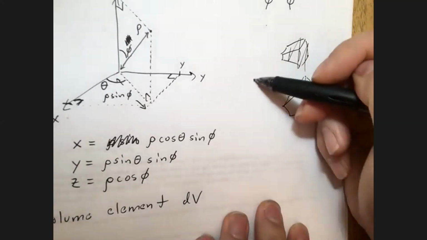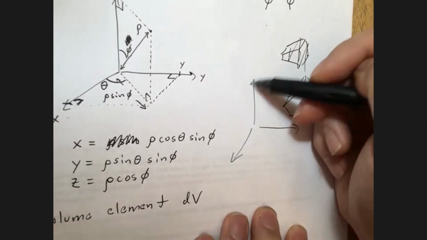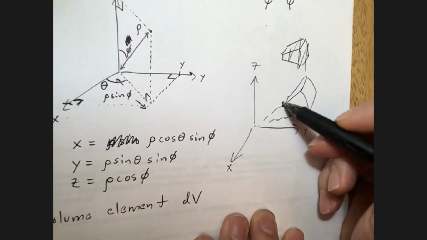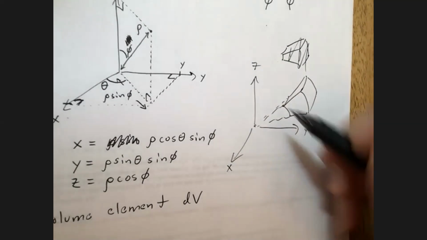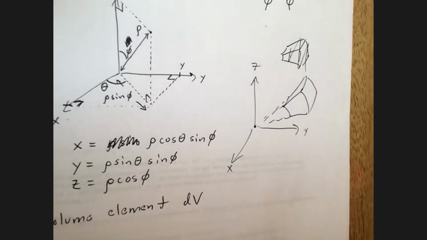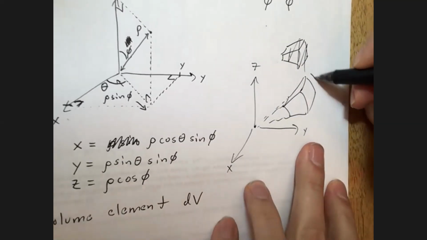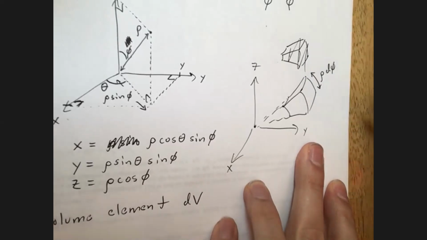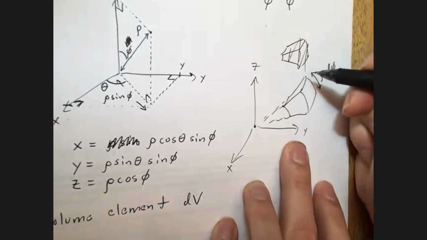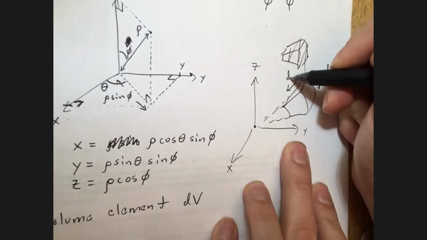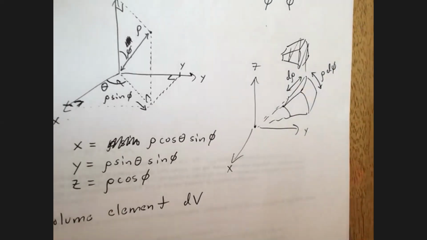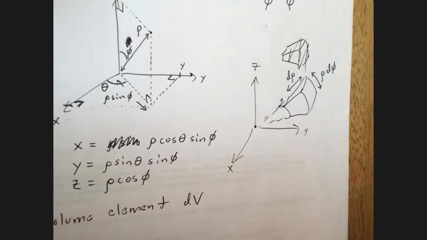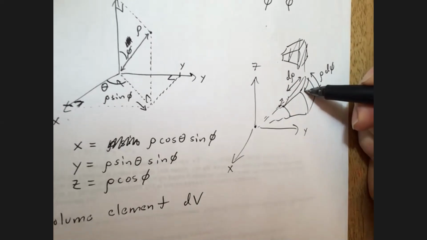We have our coordinate system down here, and these lines all converge at the origin. We said that this distance here is rho d phi. This distance in this direction is d rho. And what I'm worried about is what this dimension is down here, or this one over here.